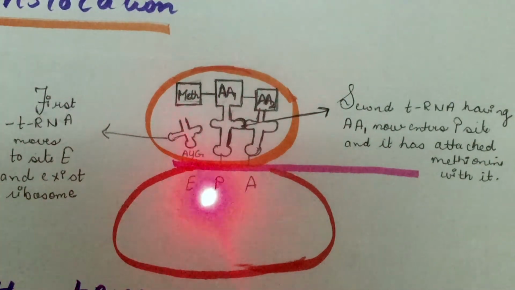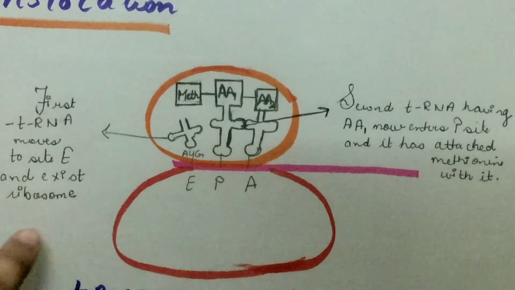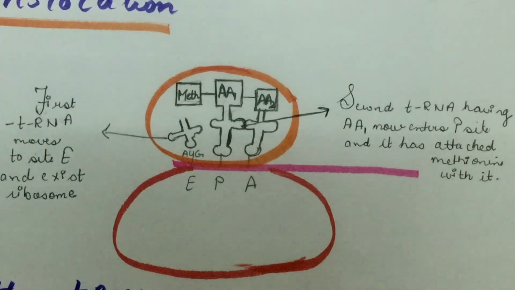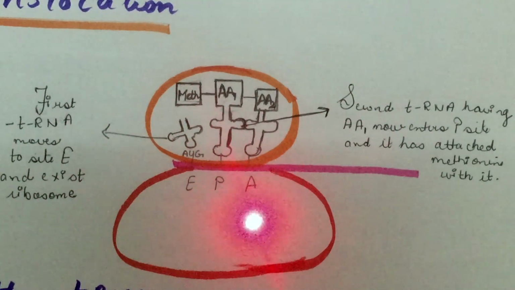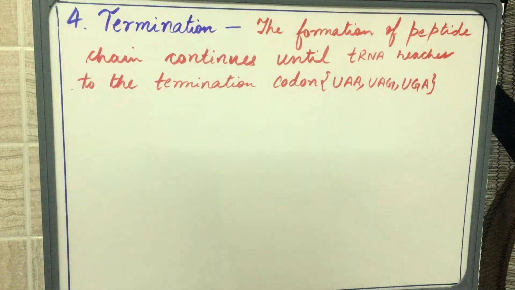The tRNA on the P site will enter the E site and exit from the ribosome, and the tRNA on the A site will move towards the P site. But now it will have 3 amino acids. We know the chain of amino acids is known as protein, so the protein chain would be formed. Similarly, amino acids will keep coming and be translocated from one site to another, and this chain of amino acids will elongate.